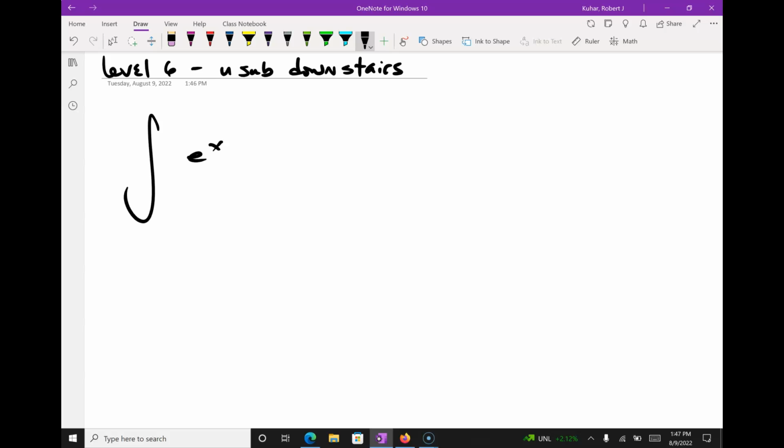So I've got the integral of e to the x all over 1 plus e to the x dx. Is there a clear inside? What's the inside of e to the x? X, it's not going to get me much, right? So this one is a clear downstairs. So I'm going to let u equal 1 plus e to the x.